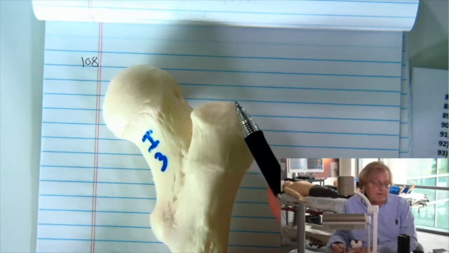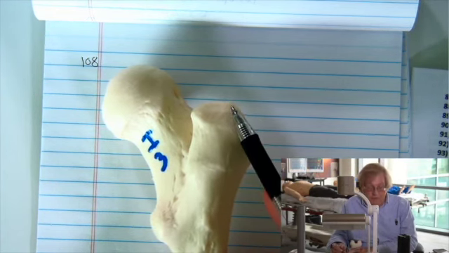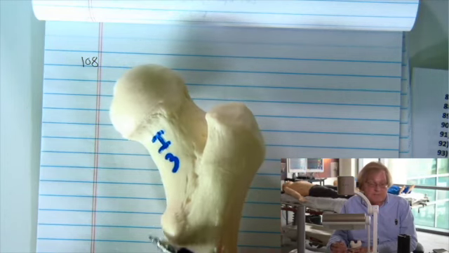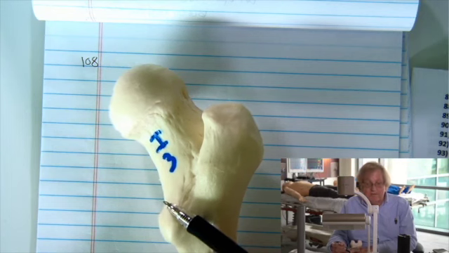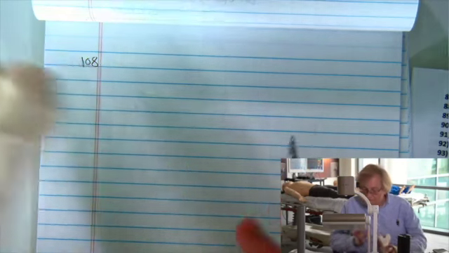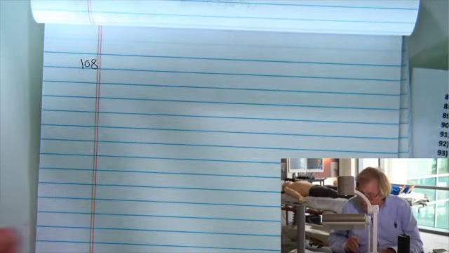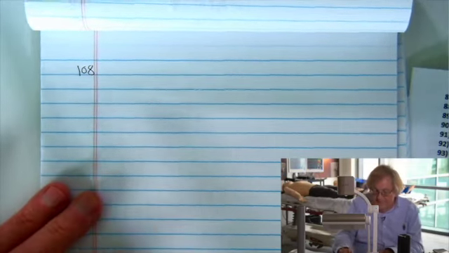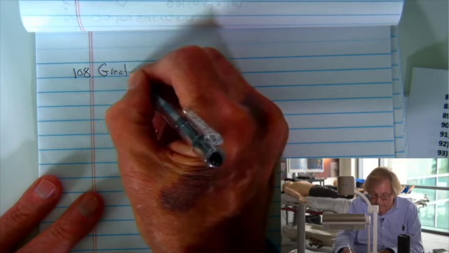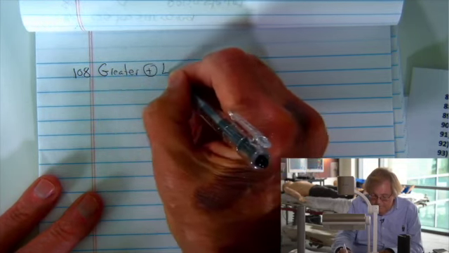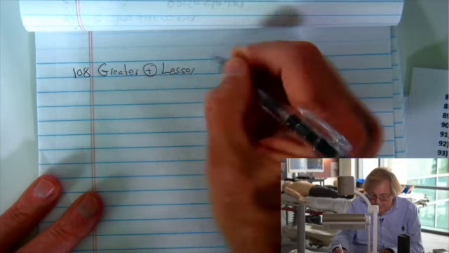Remember, this is the proximal lateral femoral process. This is the proximal medial femoral process. And therefore, those are the large muscle attachment points. So on question 108, the answer is the greater and lesser trochanters.